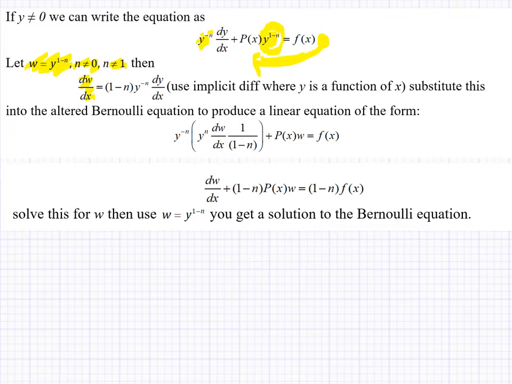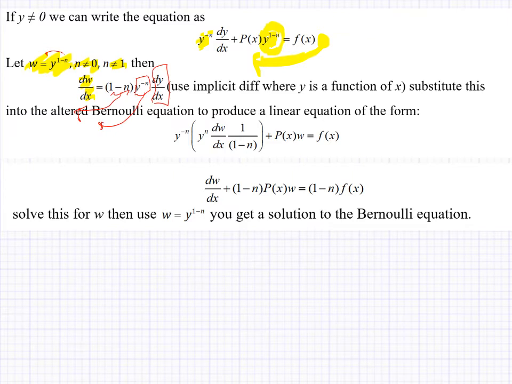So we'd start by using the power rule, pulling this power out to the front. We get 1 minus n. The new power would now be 1 less, so now it's just y to the negative n. And then obviously with implicit differentiation, you have to do dy/dx. Using this, we can solve for dy/dx by moving these terms to the other side of the equation.